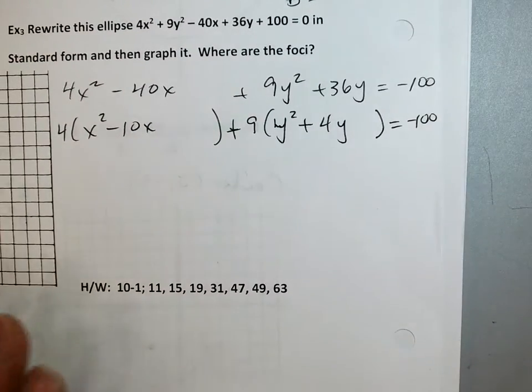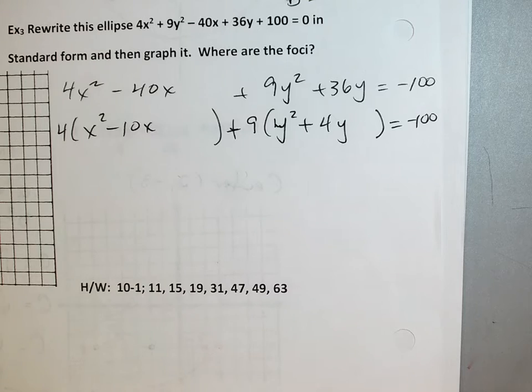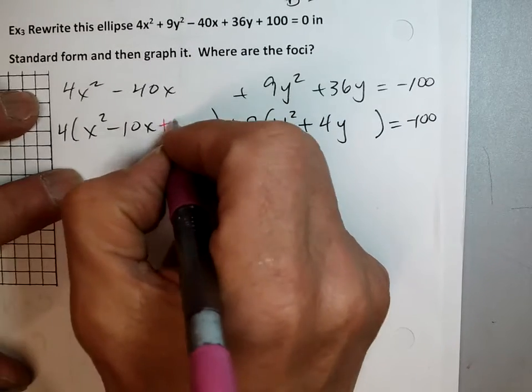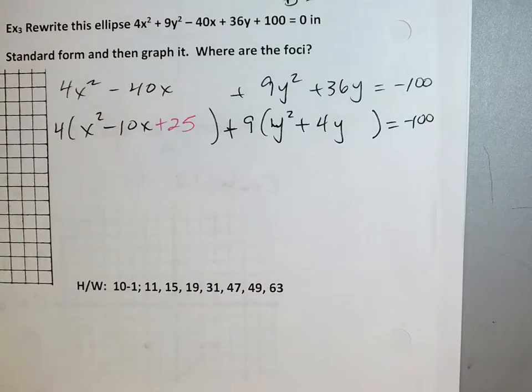Okay, now, you ready? Let's do our half squared. Half of this is negative 5. Negative 5 times negative 5 is 25. So let's put a plus 25 here. Okay, don't get tricked. Boom!